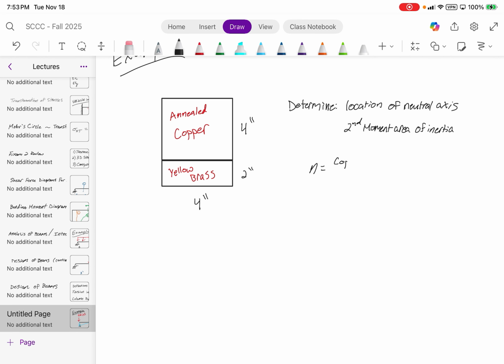Copper, exactly, which is more stiff. Your screen's frozen. Oh, it's not frozen on the right-hand side. There we go. More stiff, copper, divided by yellow brass, which is less stiff.